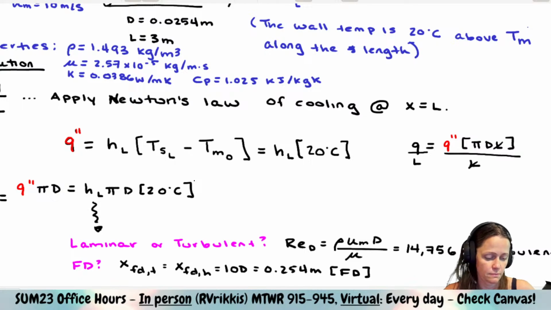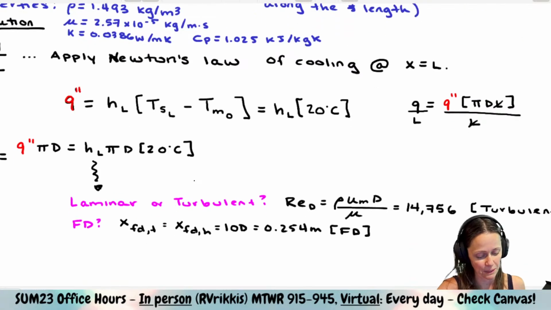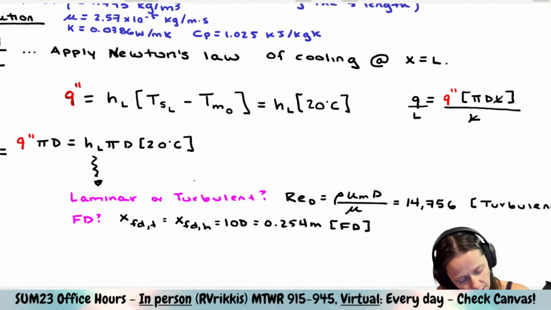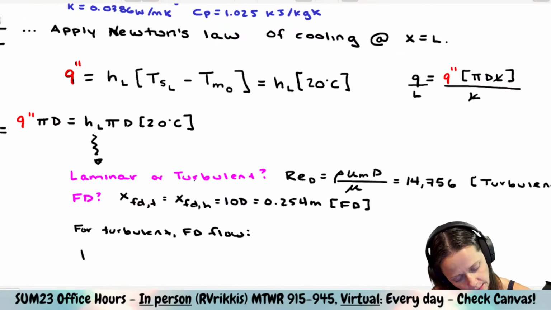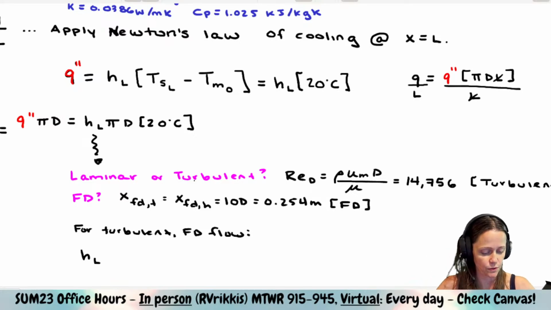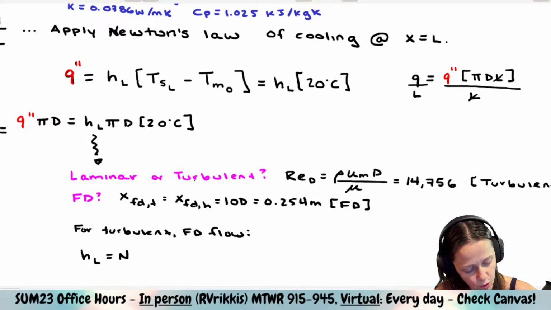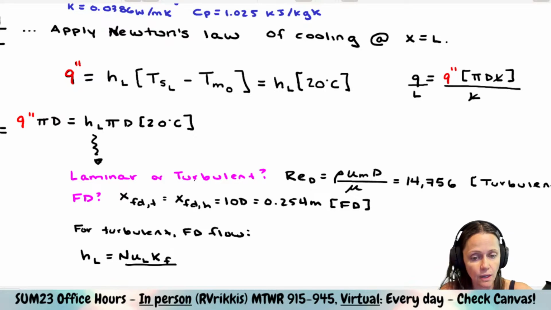So, yes, fully developed. Perfect. Let's go to our equation sheet and see what's going to help us. For turbulent, fully developed flow, I have my local heat transfer coefficient, and I know that's related to the local Nusselt number times my thermal conductivity of the fluid over my diameter.